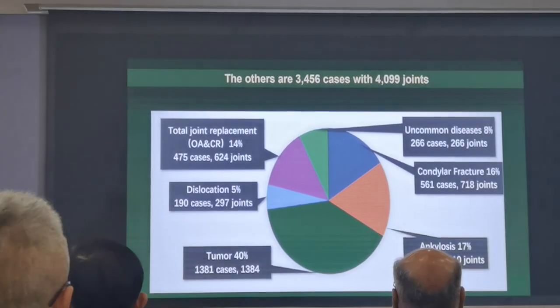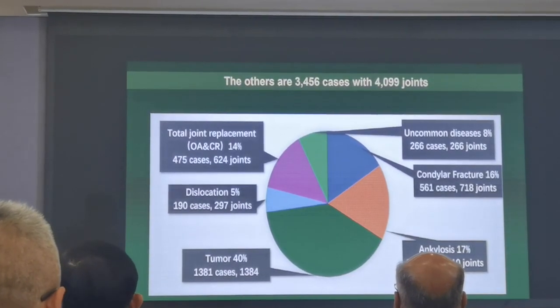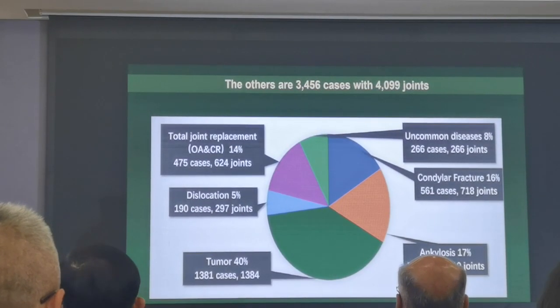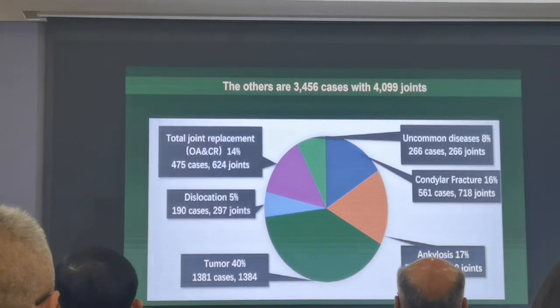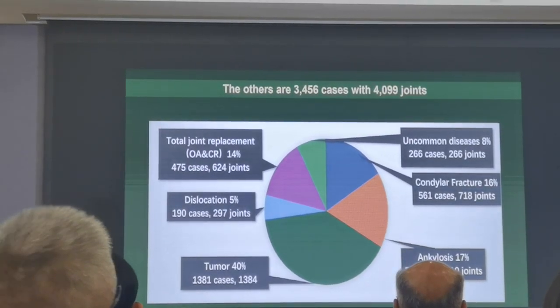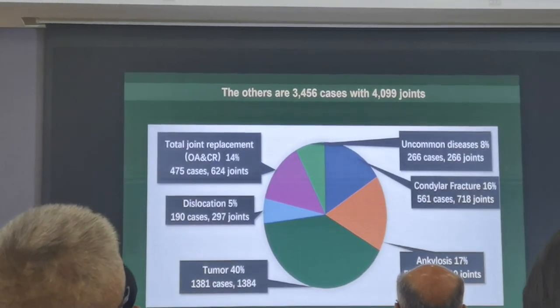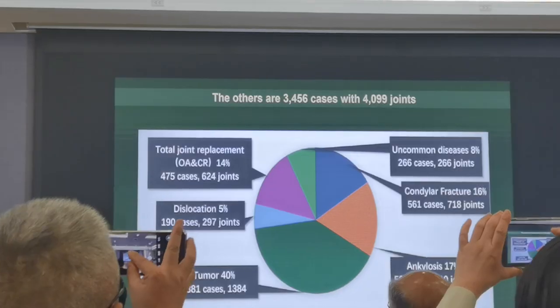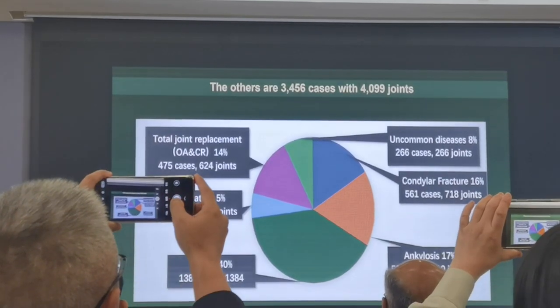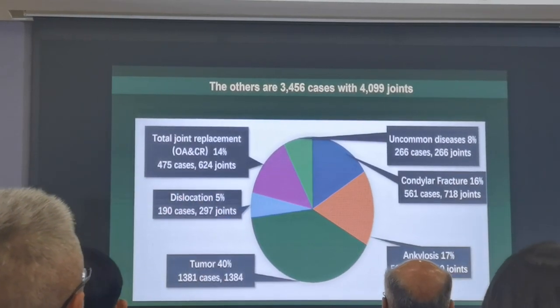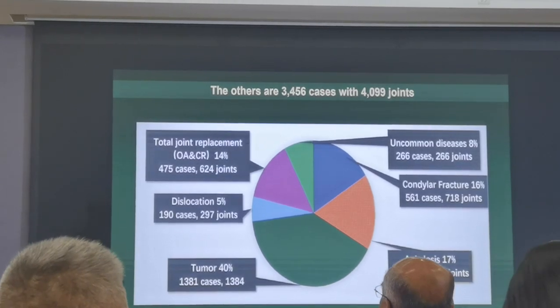So that is why we should set up the International Training Center in Shanghai, maybe here and Europe and North America, to train many surgeons to do arthroscopic surgery. Of course, open surgery is a basic technique.